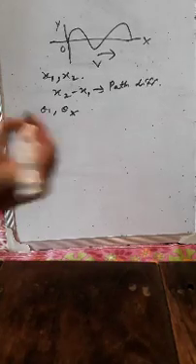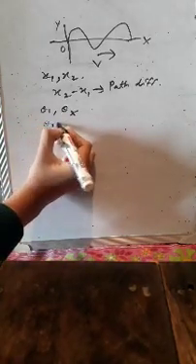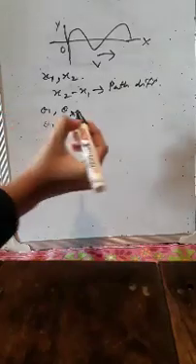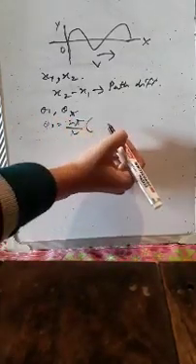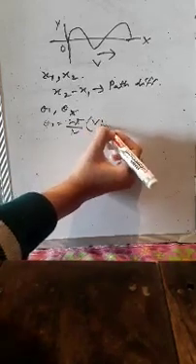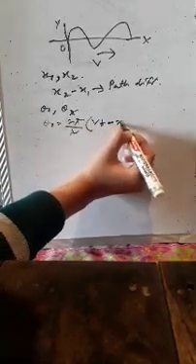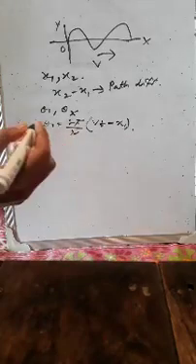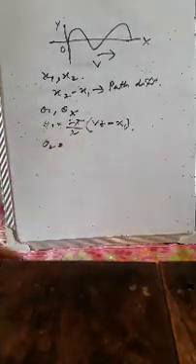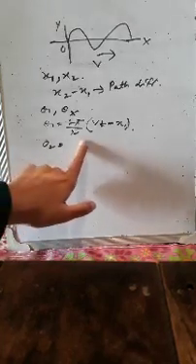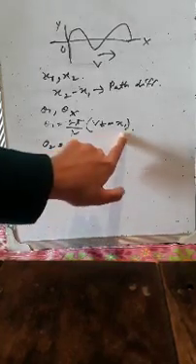What will be the value of theta 1? Taking the concepts from the previous classes, we can write theta 1 as 2 pi by lambda times (Vt minus x1).